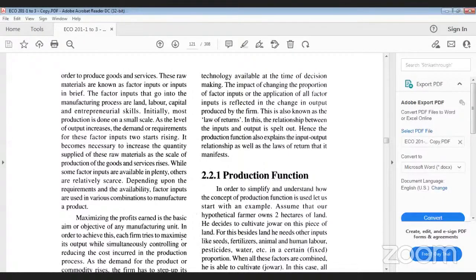The application of all factors refers to the change in output produced by the firm, and this is also known as the law of returns, in which the relationship between inputs and output is played out. Hence the production function also explains the input-output relationship as well as the laws of return.